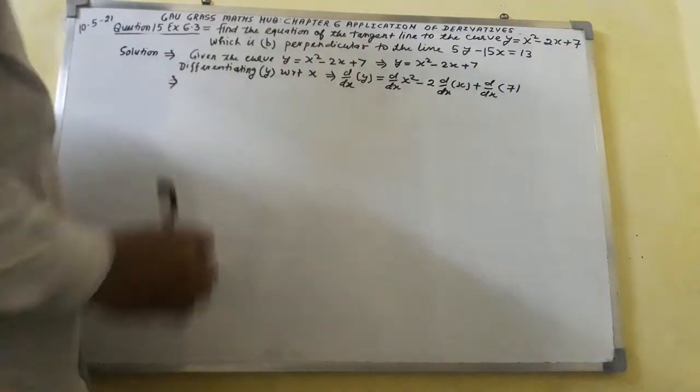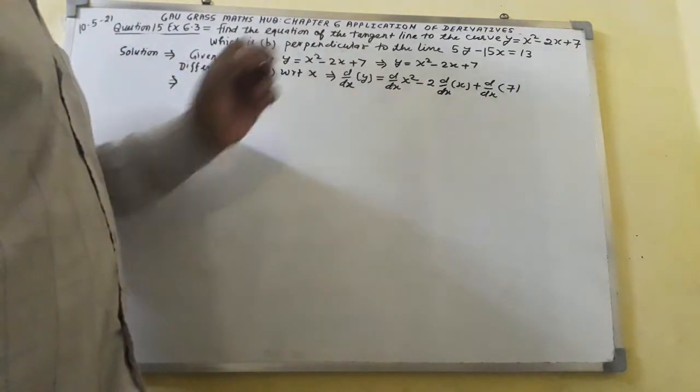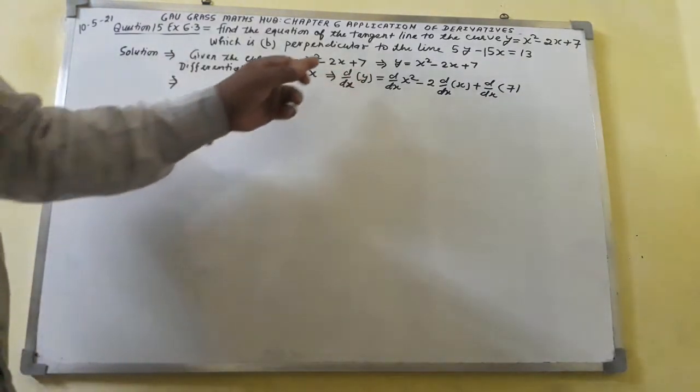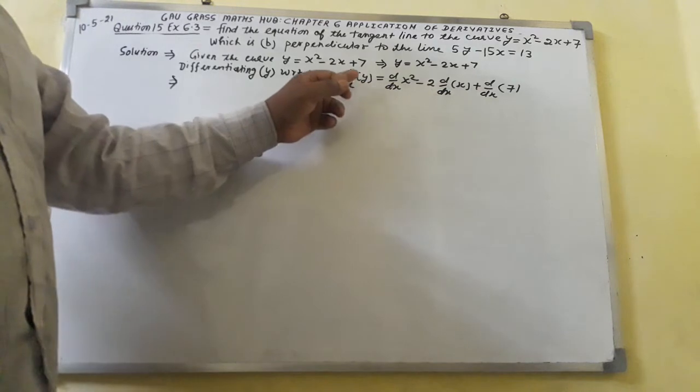Here in the center function y is available, but d will be conjugated with it, so y comes out to be dy over dx.